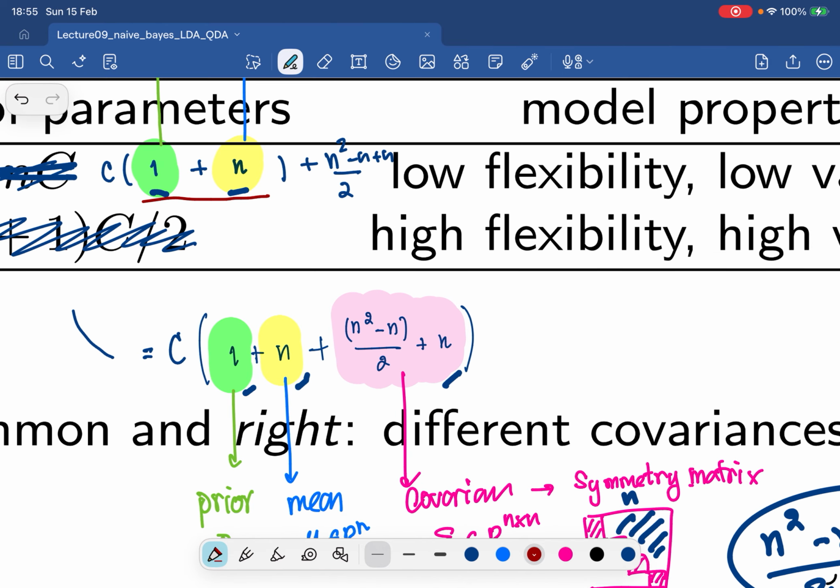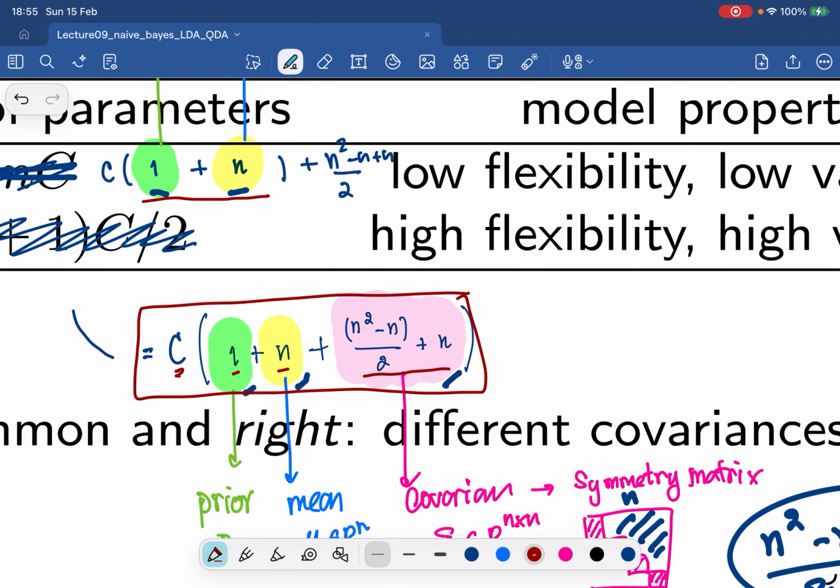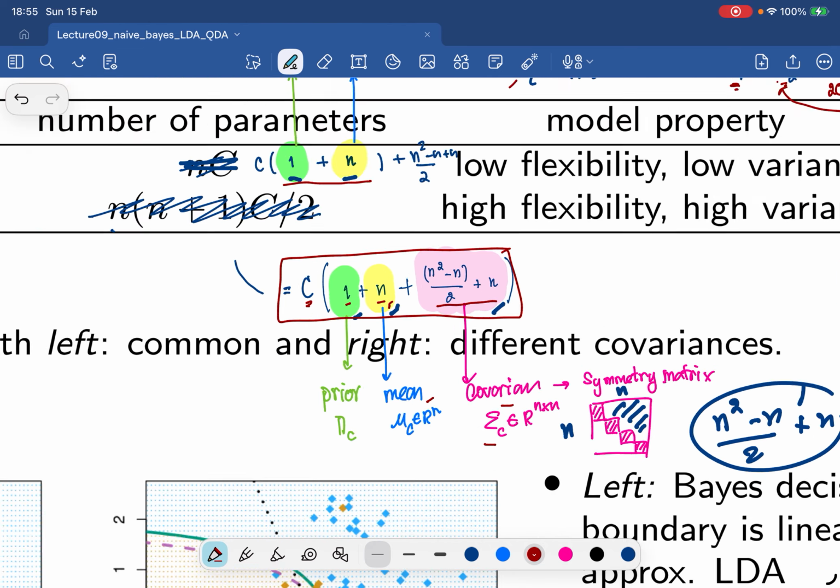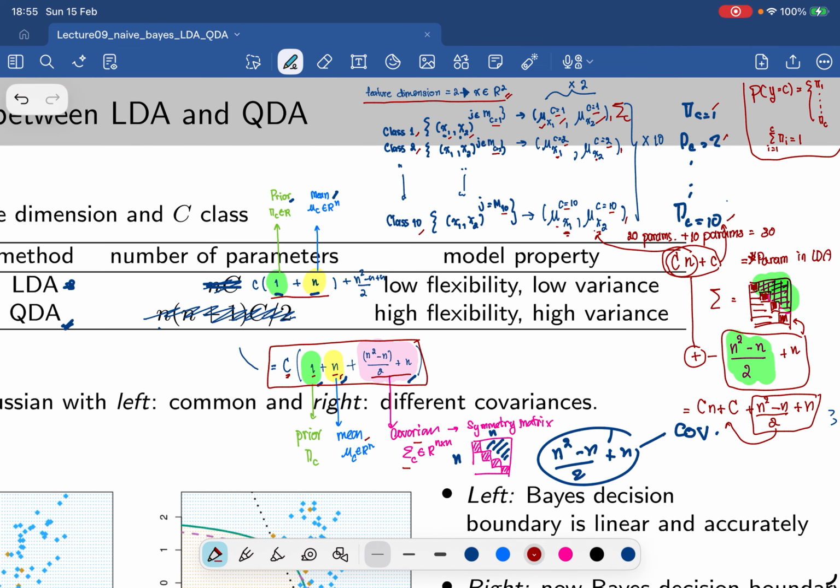So you have c times (1 plus n plus and so on), with the last term being the covariance sigma c, the middle term being the mean, and the first term being the prior.